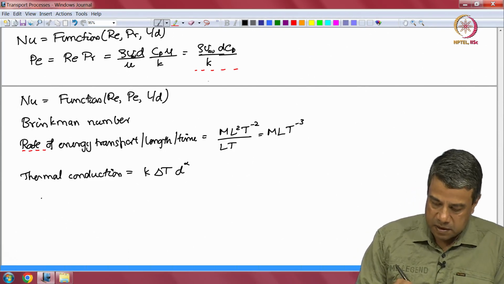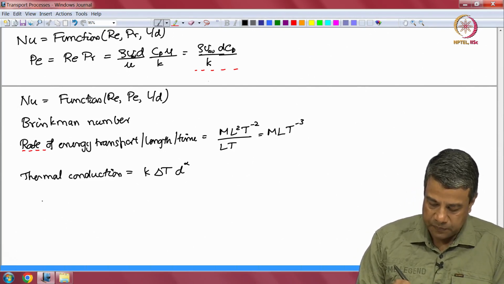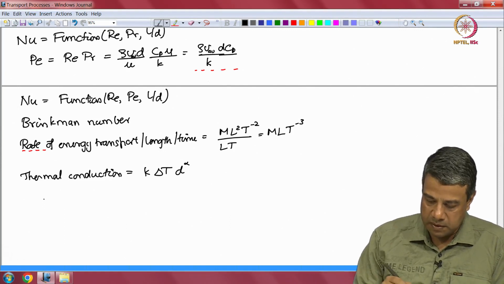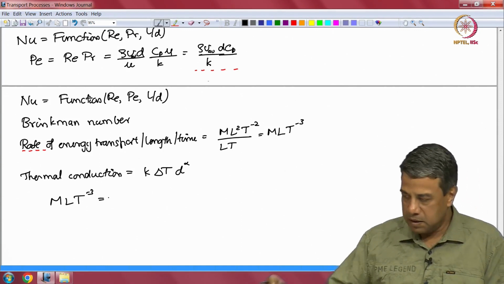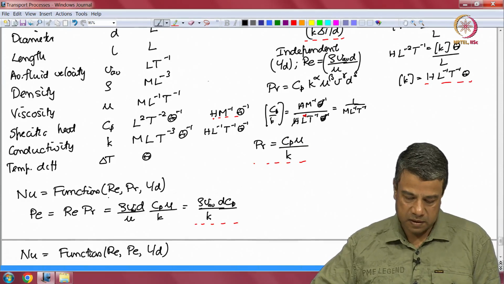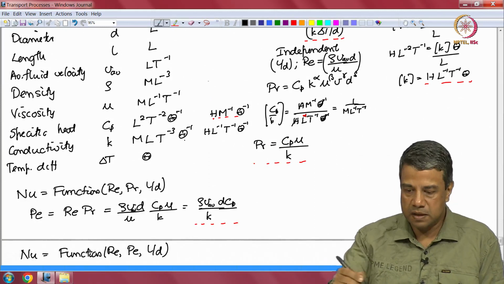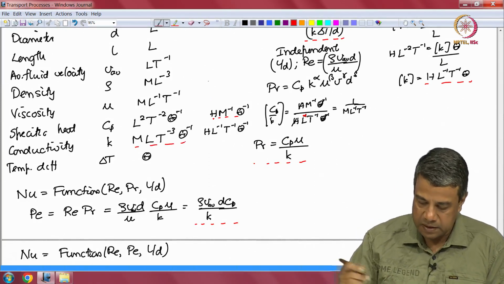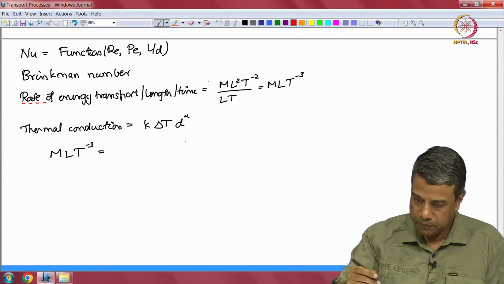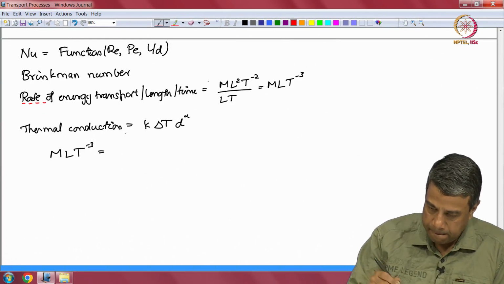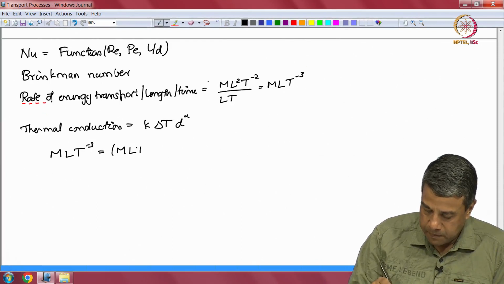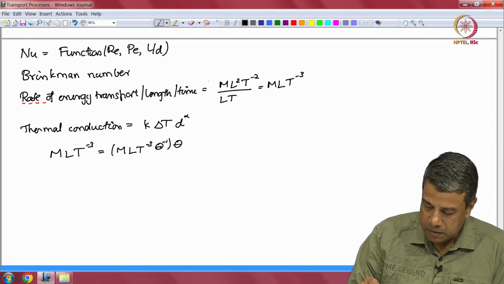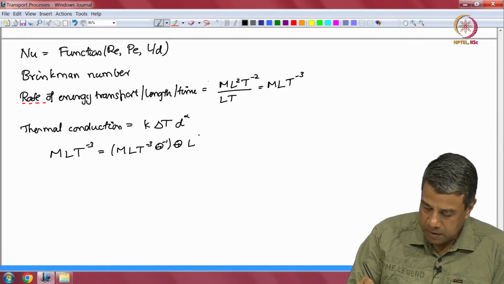If I express this in terms of dimensions, the rate of energy transport due to thermal conduction is m L t power minus 3. The thermal conductivity has dimensions of m L t power minus 3 theta inverse, into theta, into L power alpha.